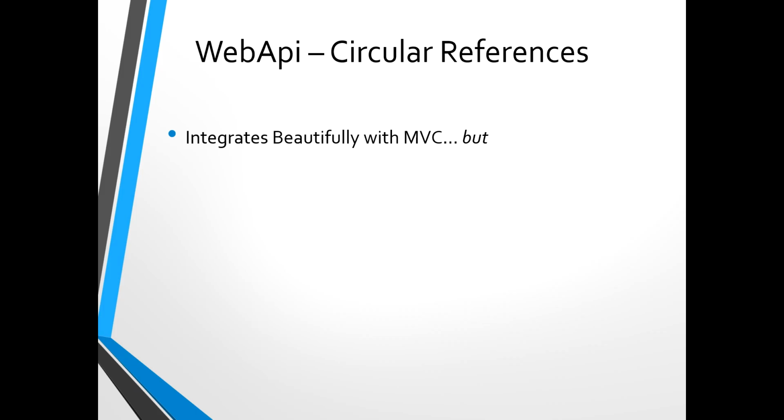But one of the big issues that we run into with WebAPI, which was not a problem for us with MVC, and basically that's because we didn't serialize the data, is circular references.